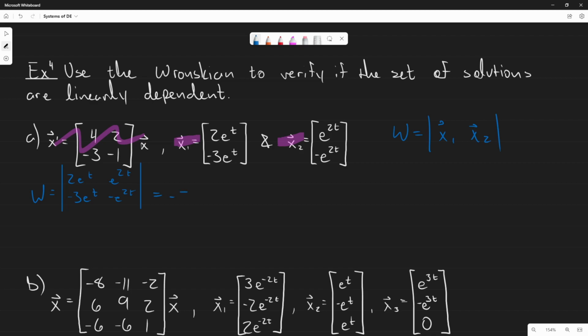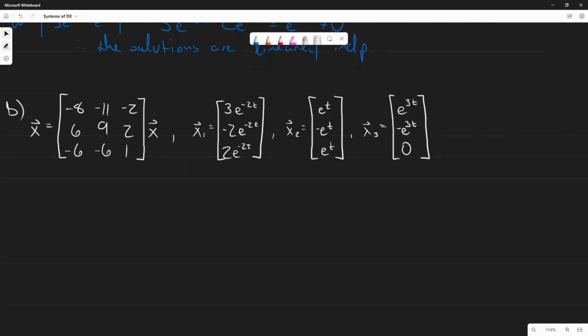This will be -3e to the 3t minus a negative, so plus 2e to the 3t, or e to the 3t, which is not equal to 0. That means that the solutions are linearly independent.